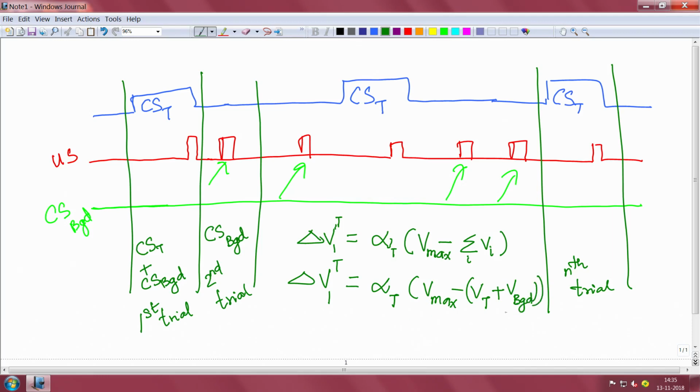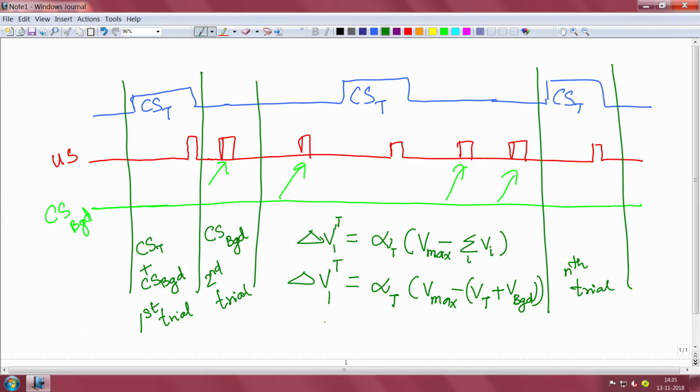Now, as you can see, in the first trial there is no response that the V background by itself or the tone by itself can elicit. So, both of them are 0. As a result, your response to the tone increases by alpha times the V max, right.